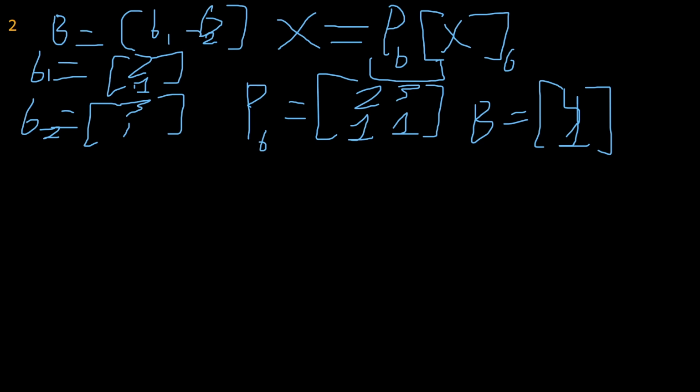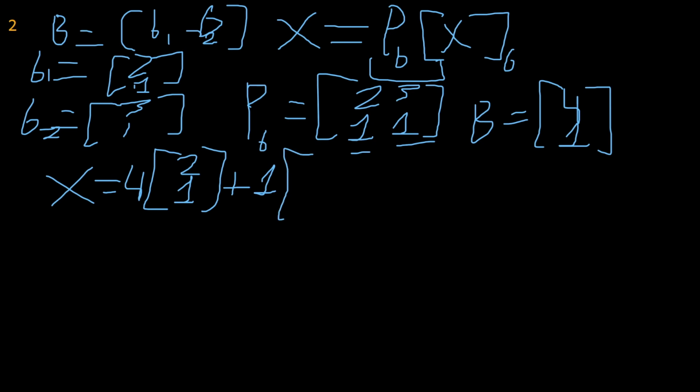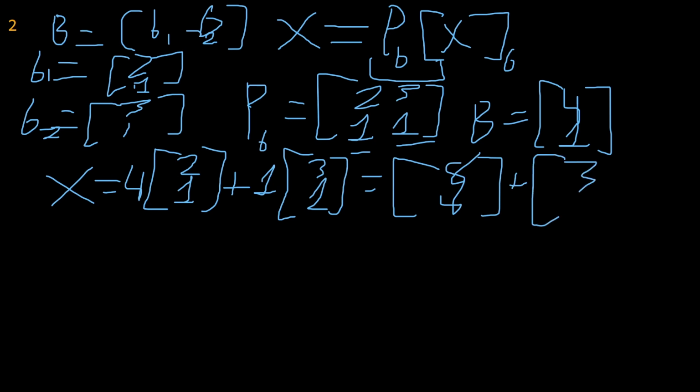We know how to do matrix-vector multiplication. It's just going to be 4 times the first vector and 1 times the other vector, and then we add them as you would expect. So x equals 4 times (2, 1) plus, and I'm going to write a 1 here just to show the idea, 1 times (3, 1), which equals (8, 4) plus (3, 1).